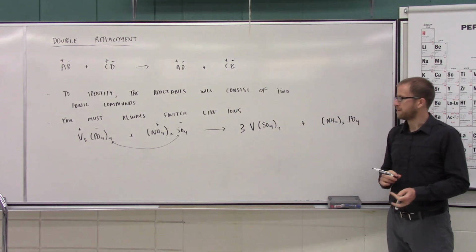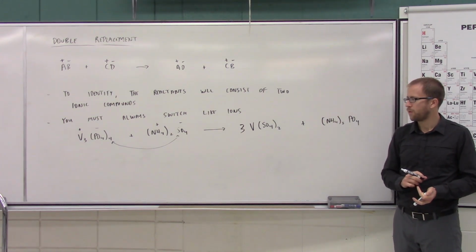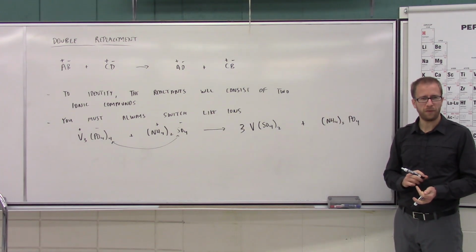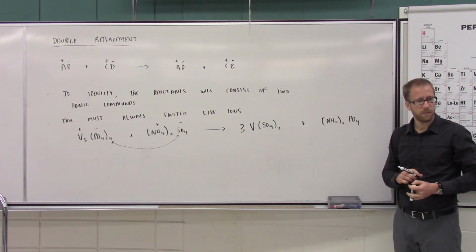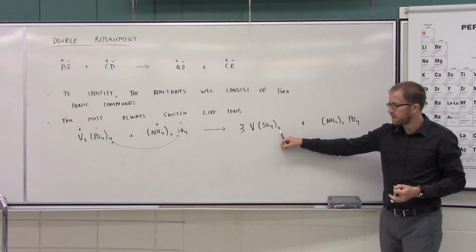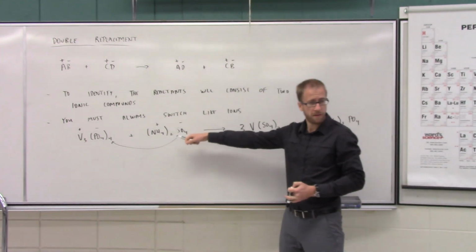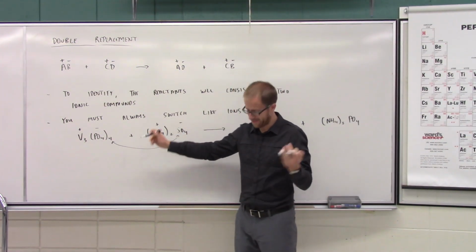Let's balance out sulfates. Where am I going to put a coefficient to balance out my sulfates here? Well, we have 6 here. How do I get 6 on this side? What am I going to put right here? A 6.